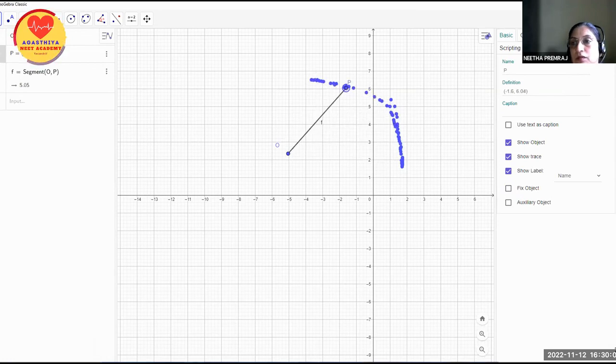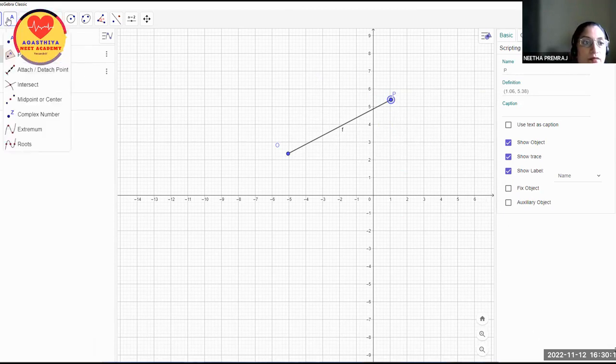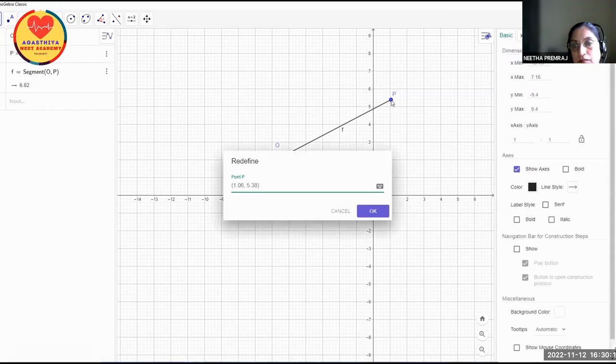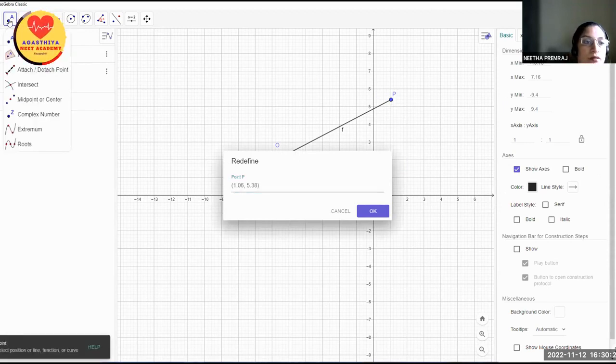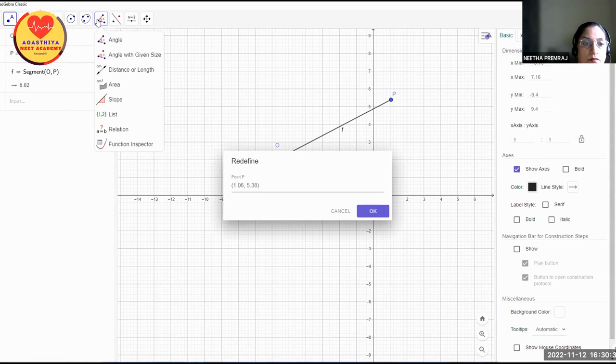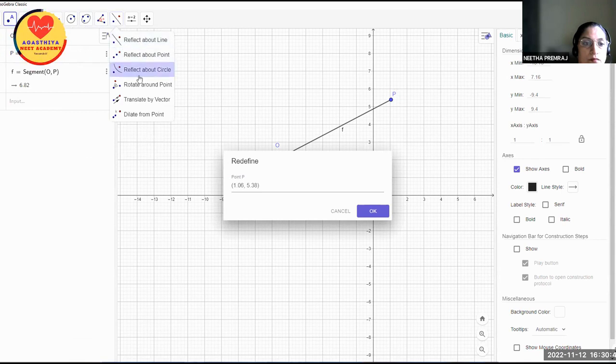No. I can show trace. How do I show trace? It comes some tracing. I don't know. It moves actually. It's not moving.